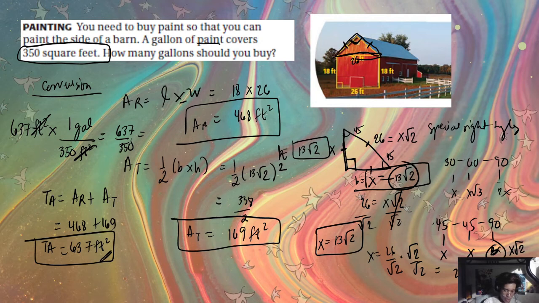So that's 637 divided by 350, which is around 1.82 gallons.